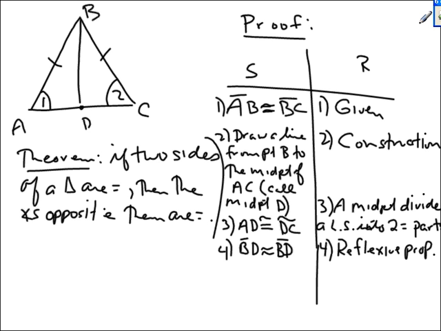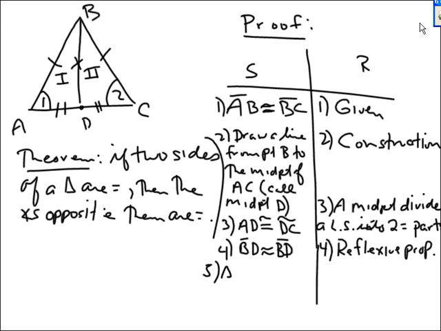Okay, so let's go over carefully what we have so far. Statement 3 says that AD and BC are equal to one another, congruent. Statement 4 says that BD is equal to BD. Well, we have two triangles. We have the left-hand triangle, we have the right-hand triangle.